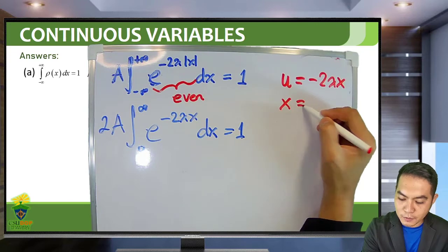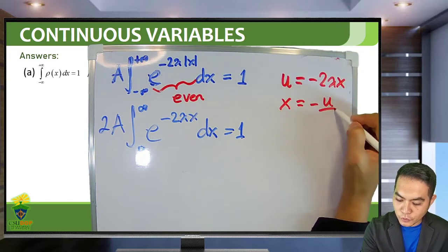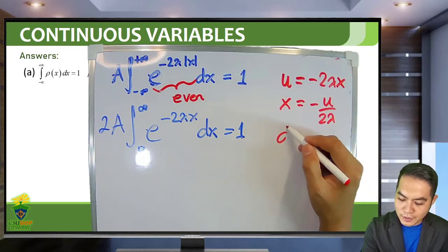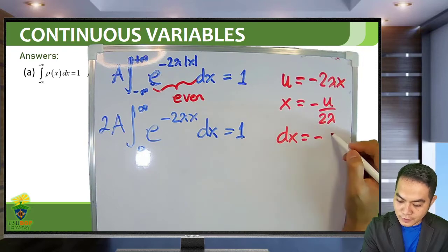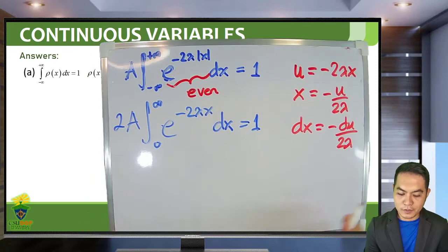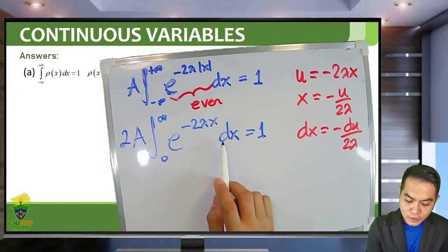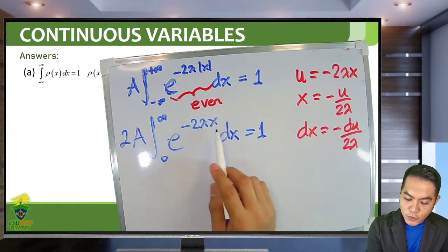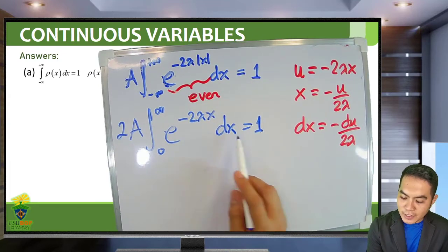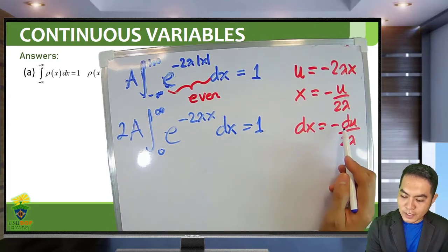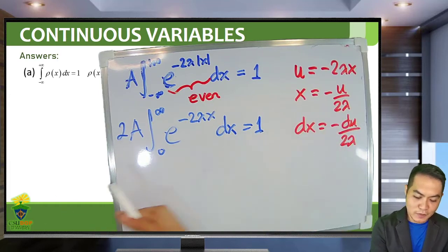Therefore, x is equal to negative u over 2 lambda, and dx is negative du over 2 lambda. When we change variable, this is now e to the u, and dx is negative du over 2 lambda, and we take negative 1 over 2 lambda outside of the integral.